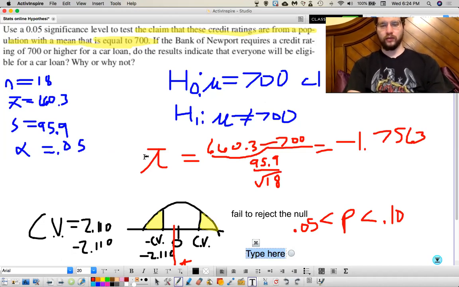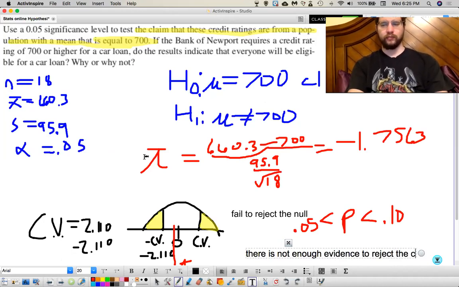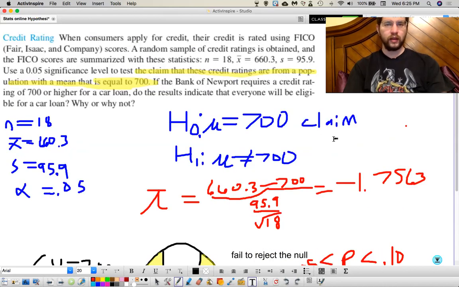Okay. So there is not enough evidence to reject the claim that these credit ratings are from a population with a mean that is equal to 700.